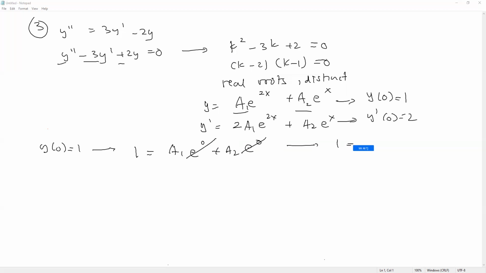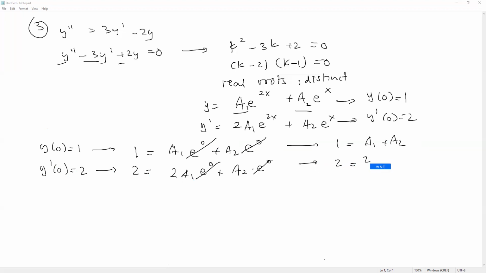So 1 is a1 plus a2. y dash of 0 is 2, so 2 is 2a1 times e to the power of 0 plus a2 times e to the power of 0. Again, e to the power of 0 is 1, we can ignore it, and we have 2 is 2a1 plus a2.